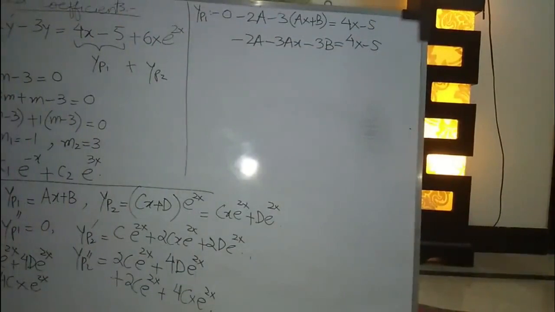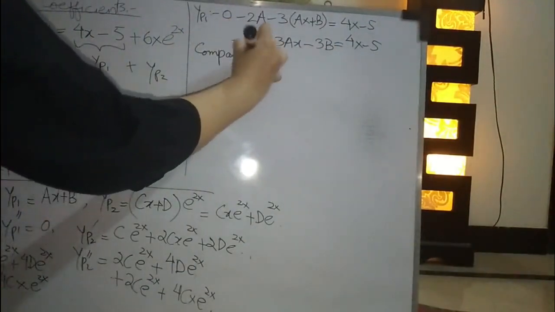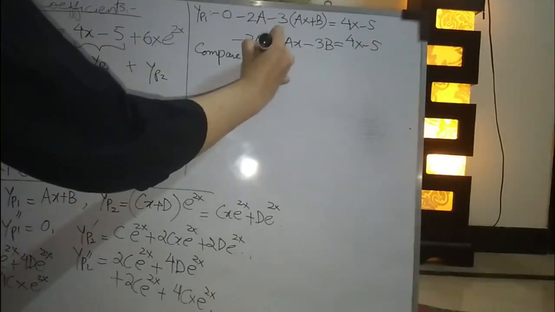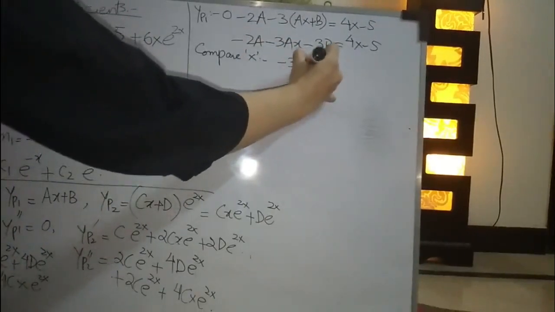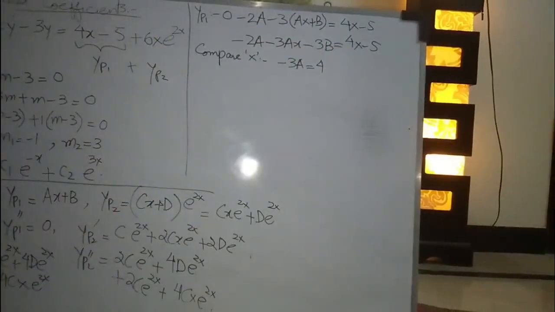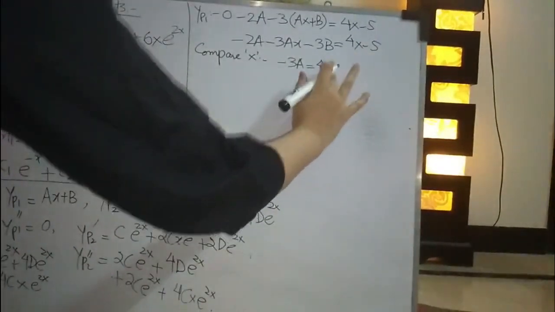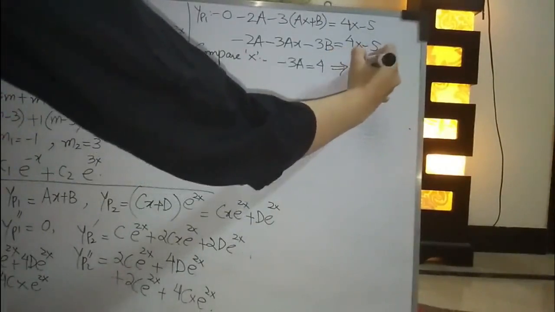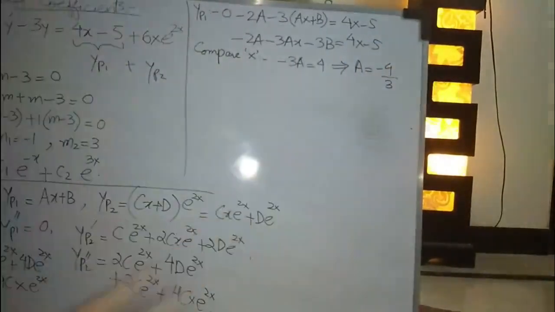First of all, I will compare the coefficients of x. It becomes minus 3a equals 4, so a is minus 4 by 3.